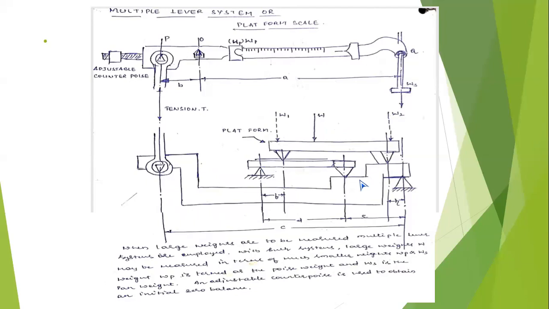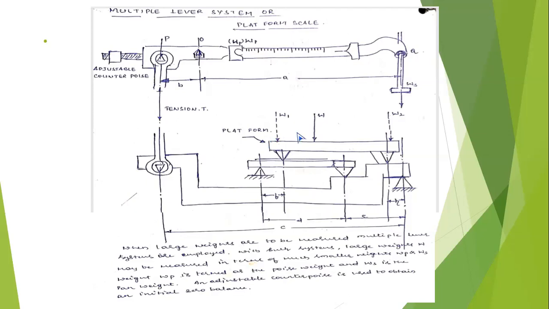Another lever, which is hinged at one point, is connected to the tension bar T, which is hinged at the top position of the beam, and at the bottom it is hinged to the lever. So a lot of levers are provided here. For that reason, this is called the multiple lever system.